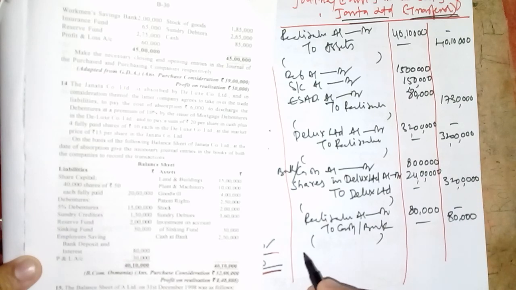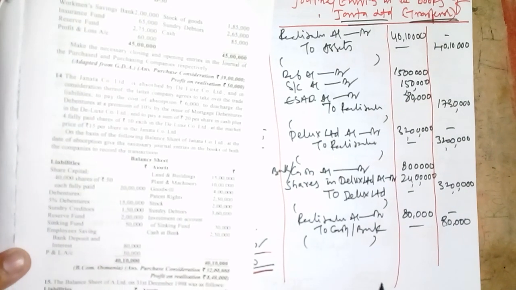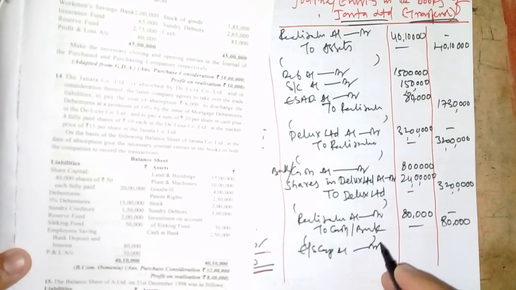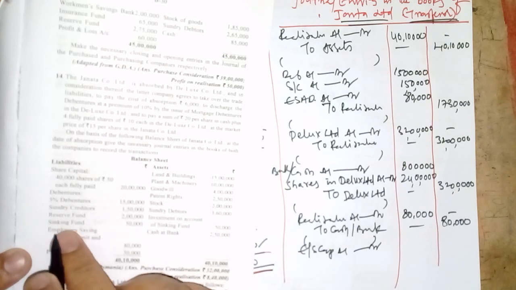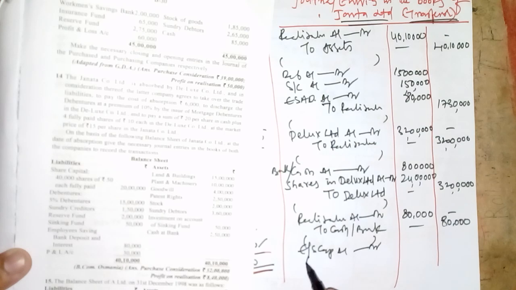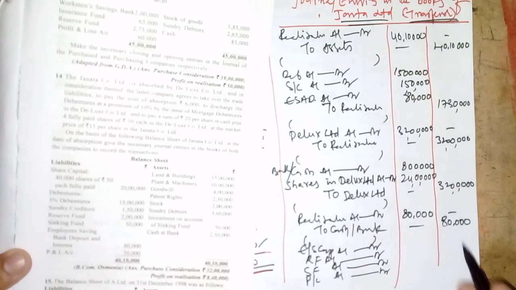So the entry would be equity share capital account debit, then reserve fund, sinking fund, P&L. Reserve fund account debit, sinking fund account debit, P&L account debit individually.